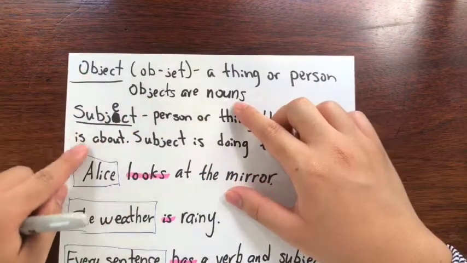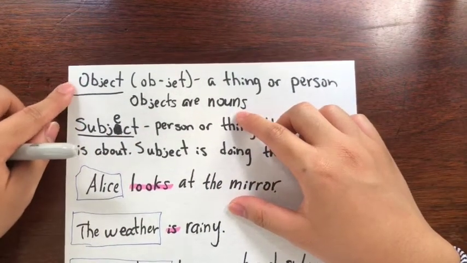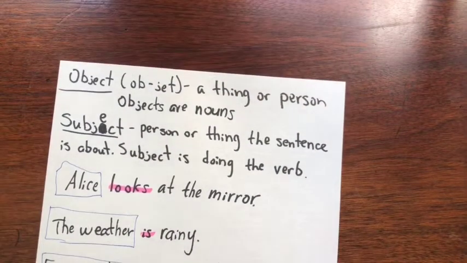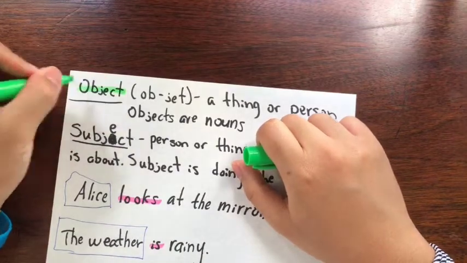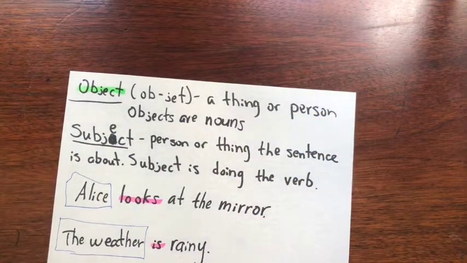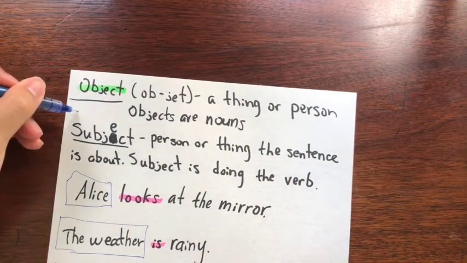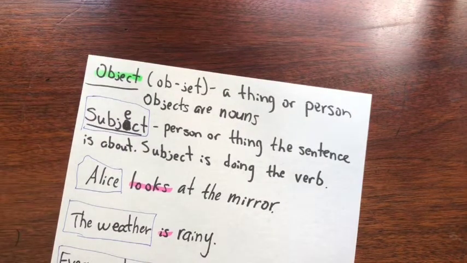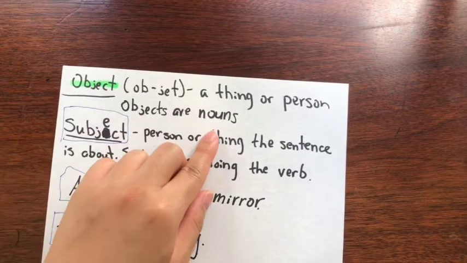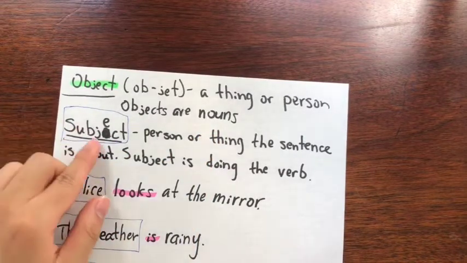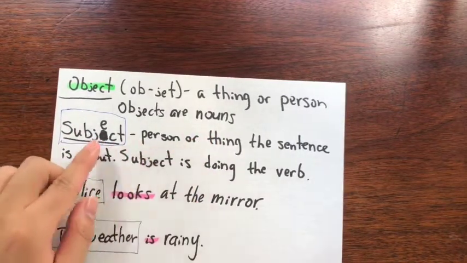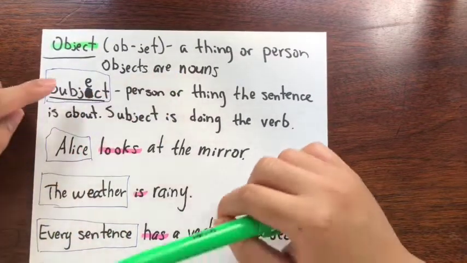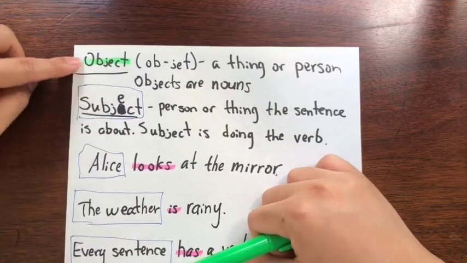So everything that is not a subject is the object. So I'm going to color the object in green. And so I said that objects are nouns, and subjects are also nouns. So nouns are either subjects or objects. They are this one or this one.